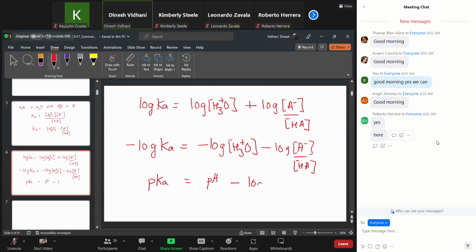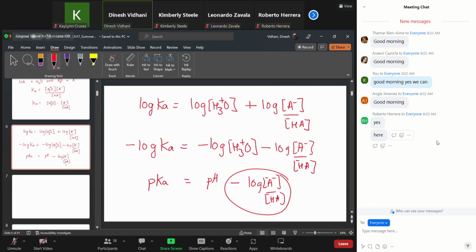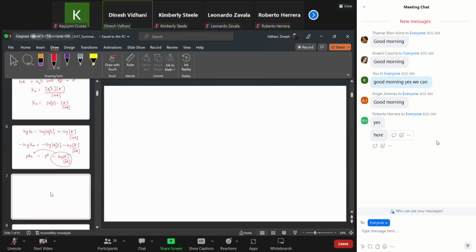Negative log of A minus over HA. But see, here we are trying to find pH, so we need to rearrange this equation. I'm going to take the term which is on the left side, so my negative becomes positive.